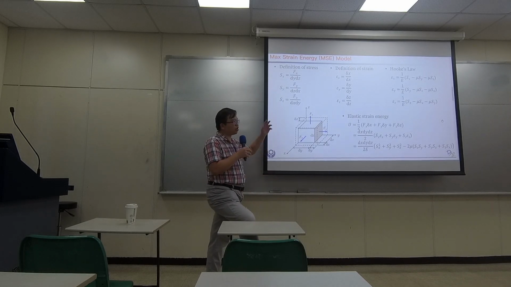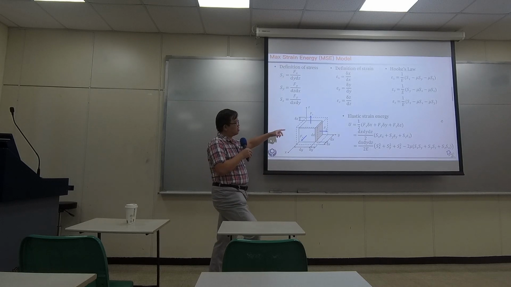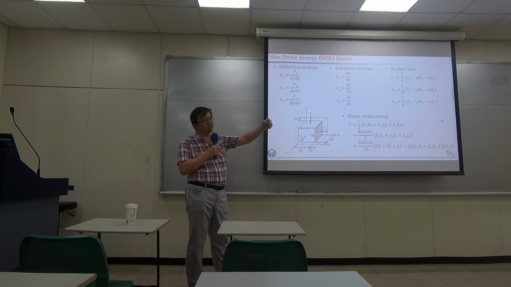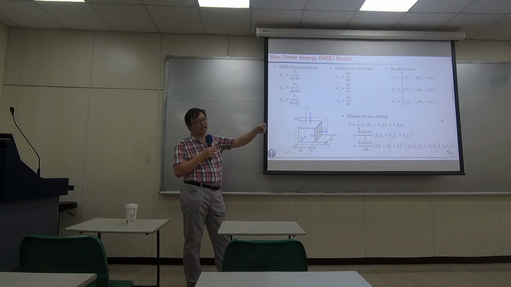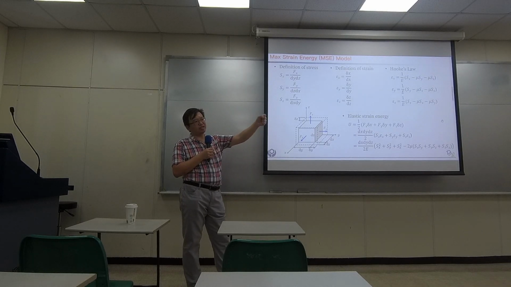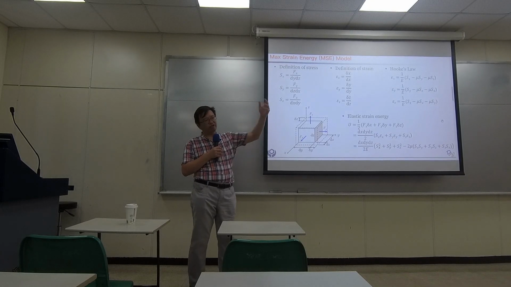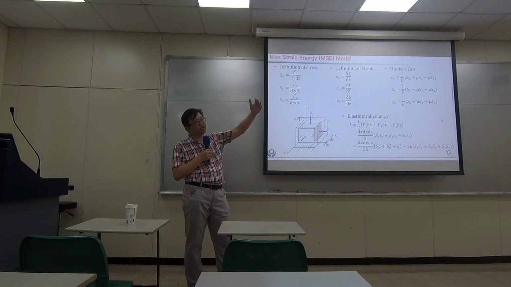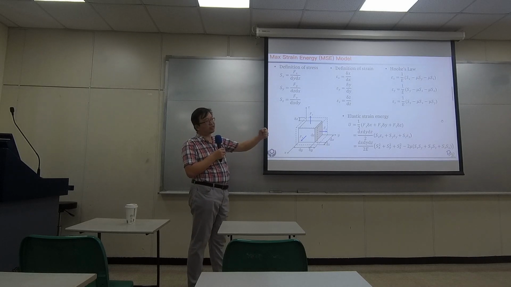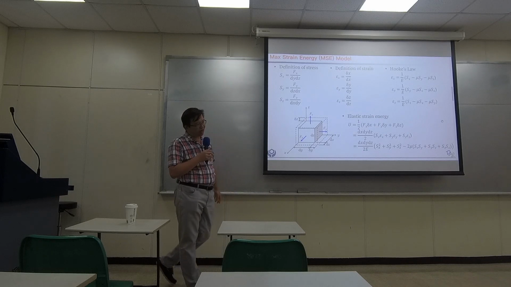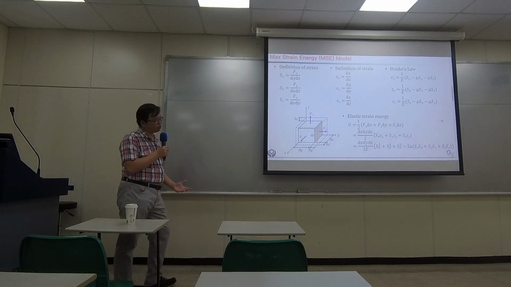So later on we will talk about greater and greater stresses, greater and greater forces until we reach yielding. That's the extreme limit that we can reach. We cannot go further, because if we go further than the yielding point, then the material yields. It doesn't return back to its original shape.